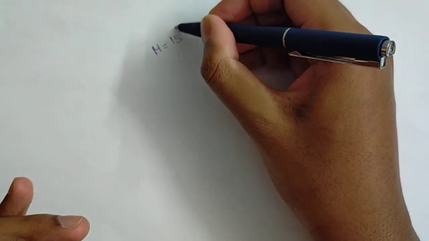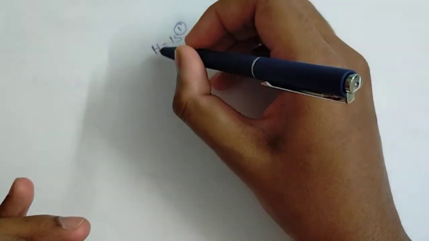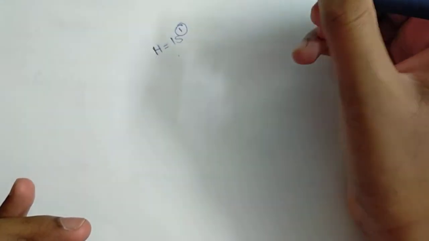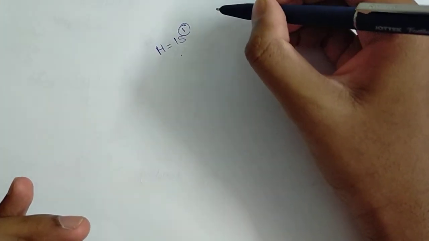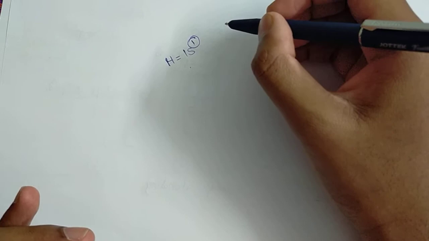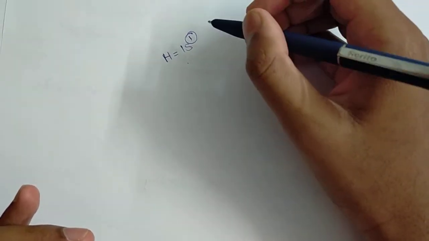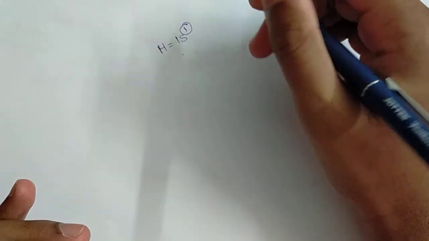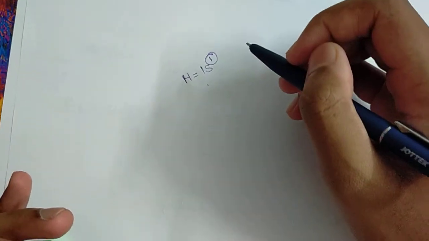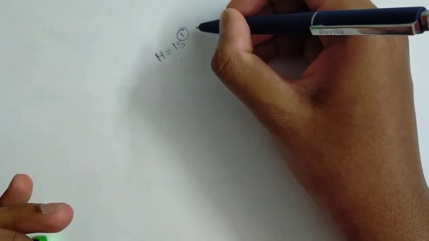Okay guys, see, there is only one electron present in its valency shell. So gaining 7 electrons is a huge thing. If it needs to gain 7 electrons, it needs a lot of energy. If it gains 1 electron, less amount of energy will be needed for hydrogen. So hydrogen tries to gain 1 electron.